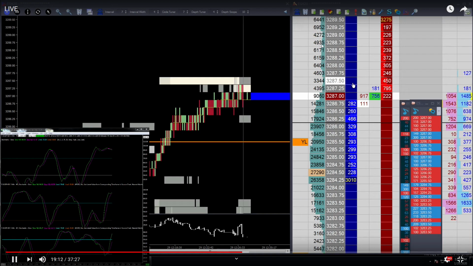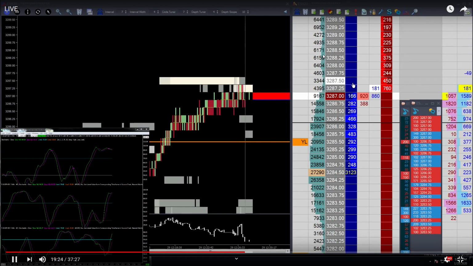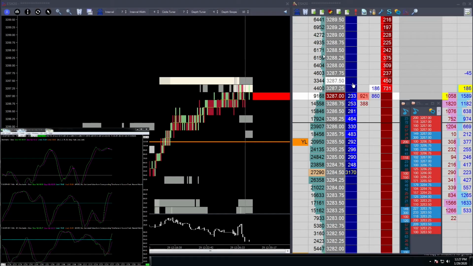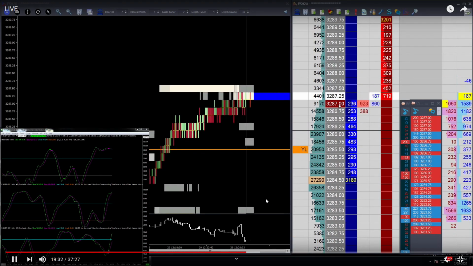Notice how we have a smaller little distribution zone here, and then the profile picks up. So this is like a small bell curve between, notice the low node at 89 even, and then we got this low node at 87.50. This is us transitioning into a smaller distribution zone. So it's no different than this large bell curve. It's just smaller.